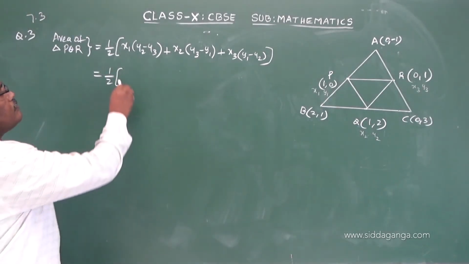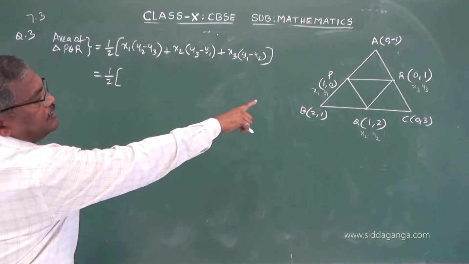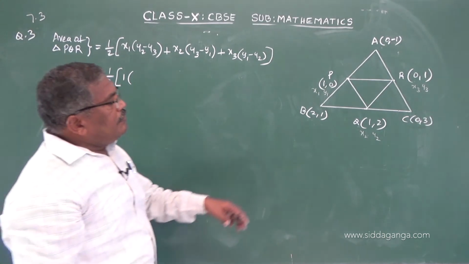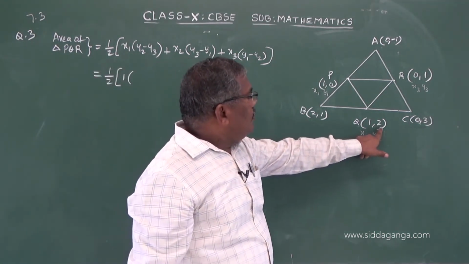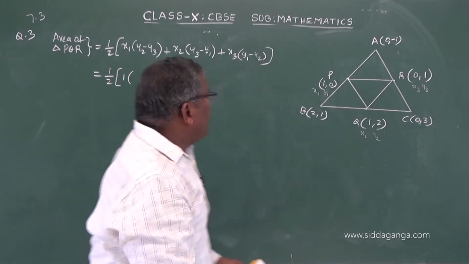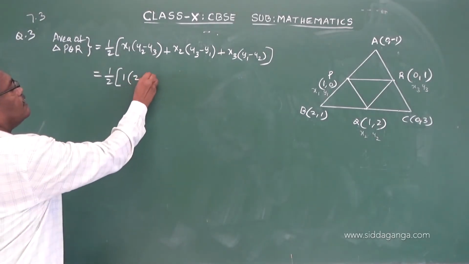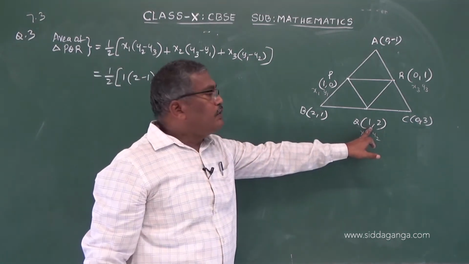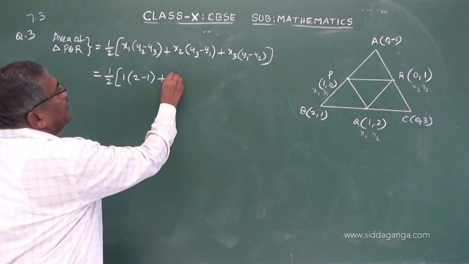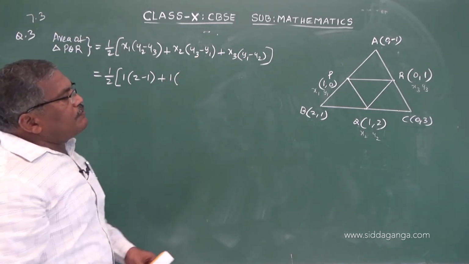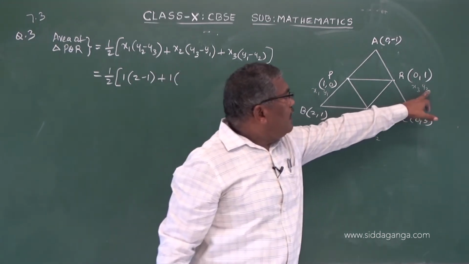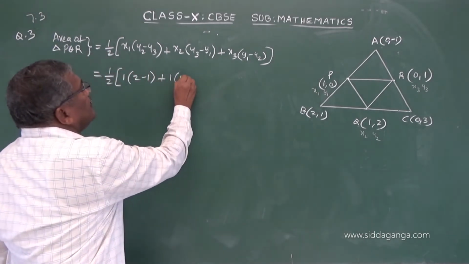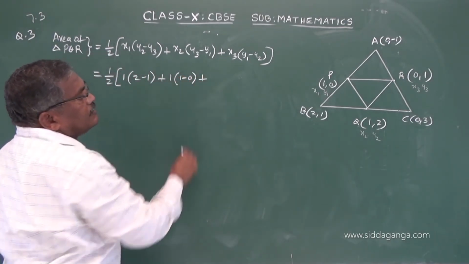So now x1 into y2 minus y3: x1 is 1, y2 is 2, y3 is 1, so 2 minus 1, plus x2 into, x2 is 1, y3 minus y1, y3 is 1 and y1 is 0, 1 minus 0, plus x3.